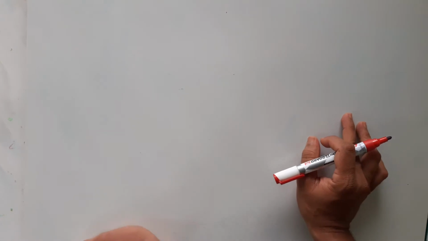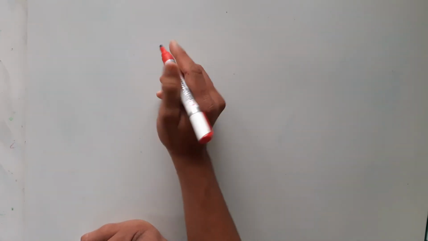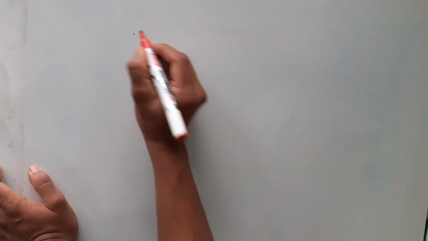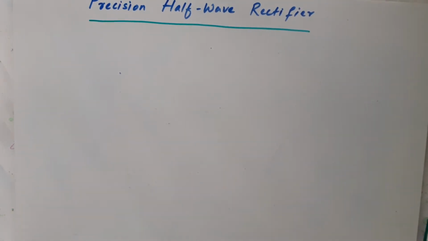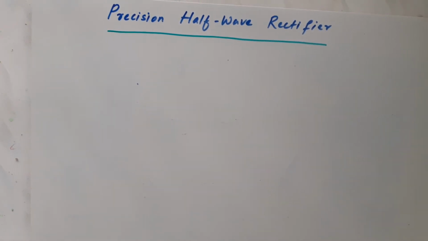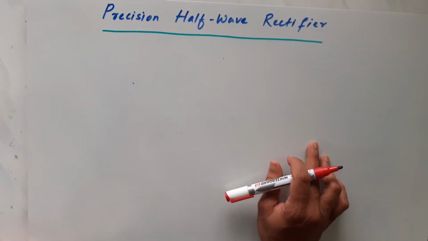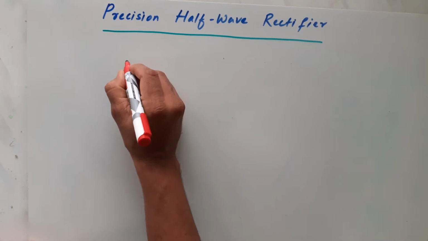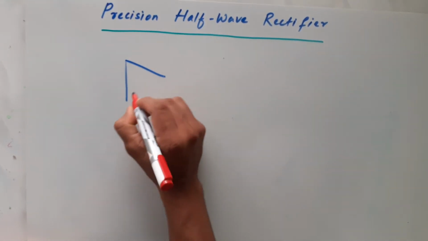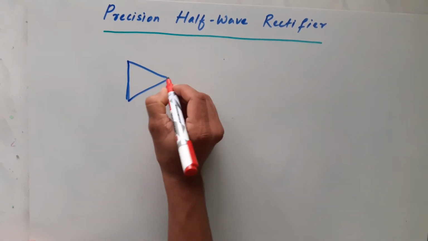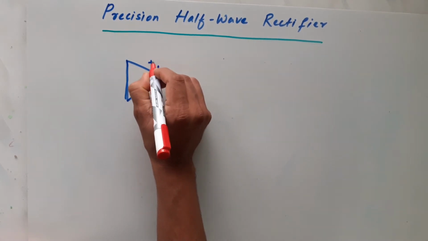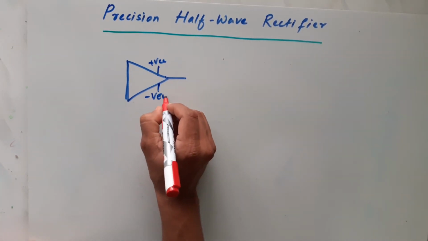Let me draw a very basic rectifier using op amp. This is your op amp, with minus VE.